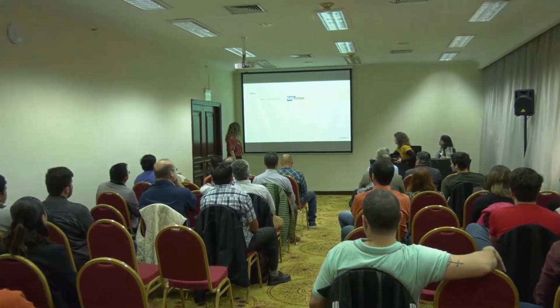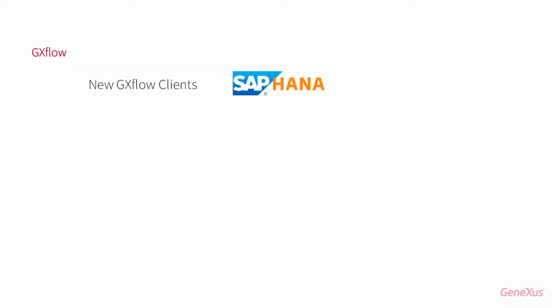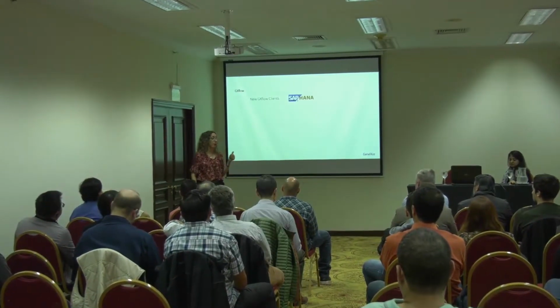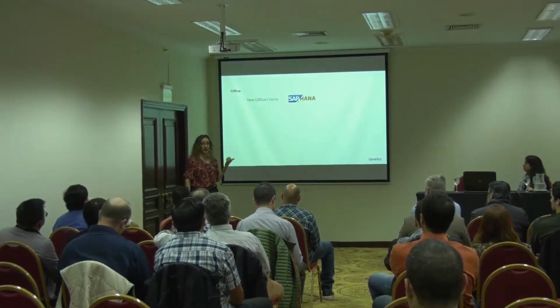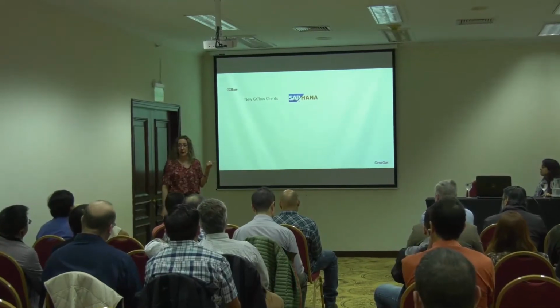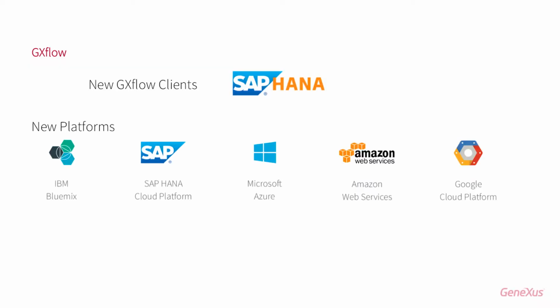I'm going to tell you about some of the new things we've got in Core Flow. As you know, in the clients we have, some of them depend on the generators. And we added a new client for SAP HANA that we can generate for this platform.